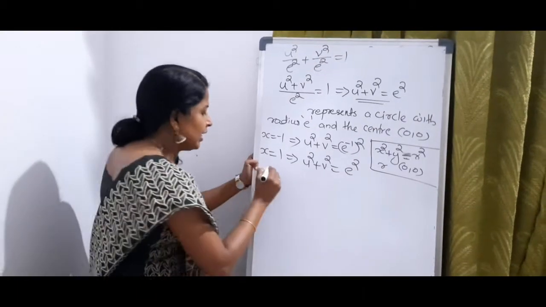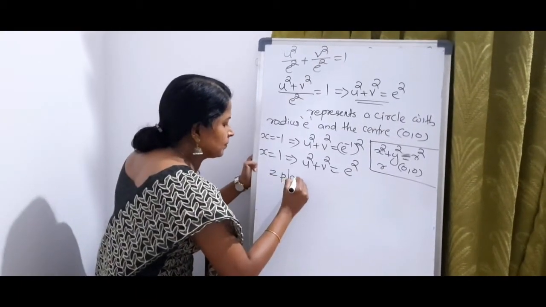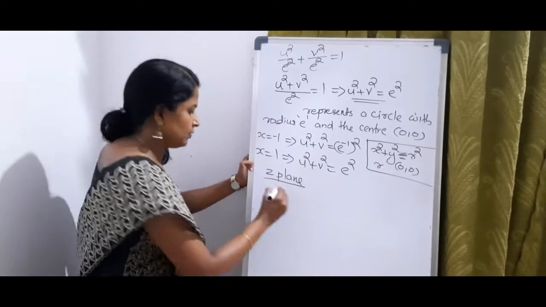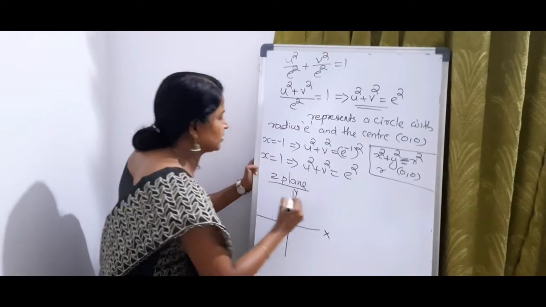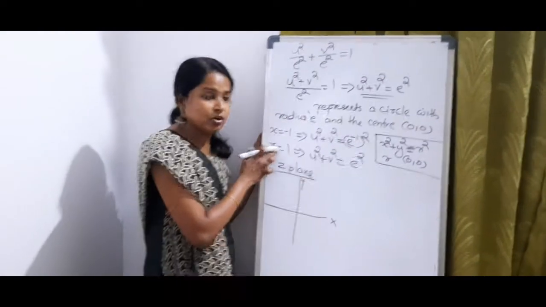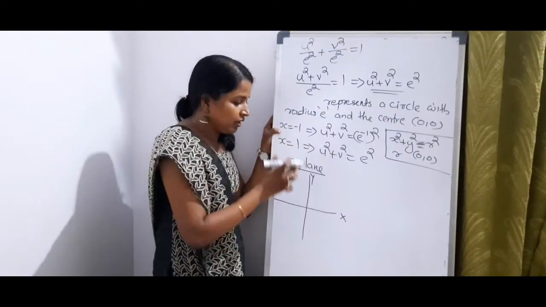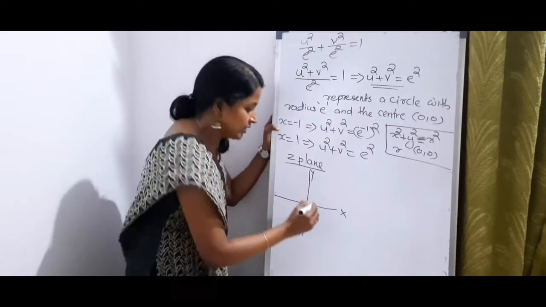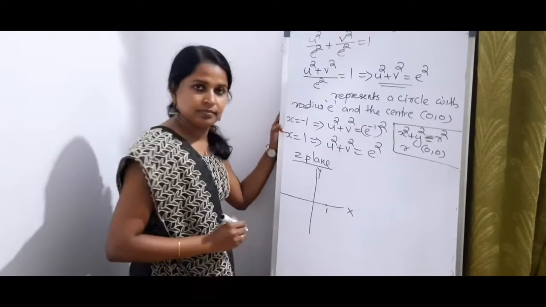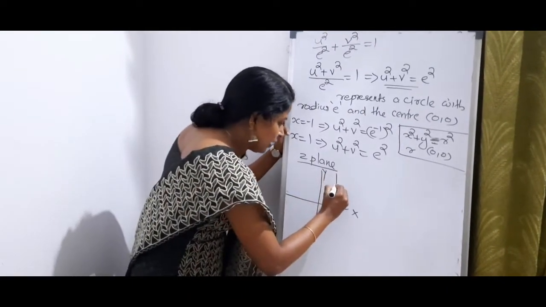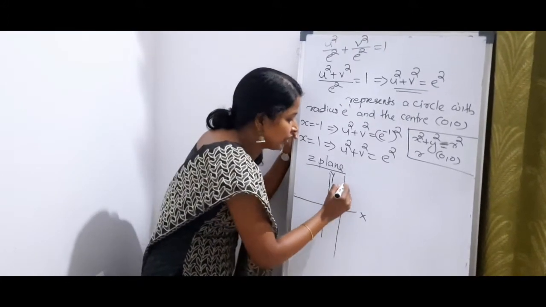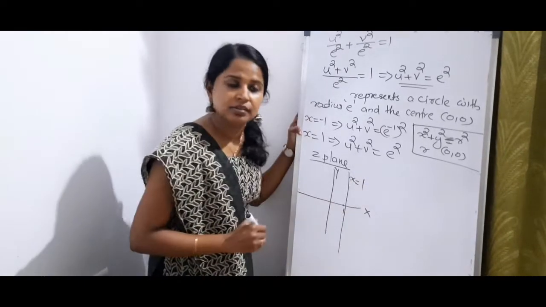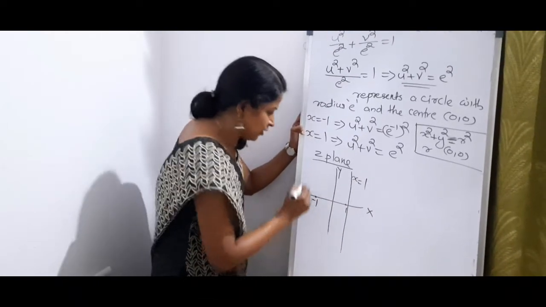That is, in Z plane, the x-axis and the y-axis. Here, x equal to 1 and x equal to minus 1 are in the Z plane. Listen, this point is 1. So, line parallel to the y-axis through the point 1 is x equal to 1. This is x equal to minus 1.